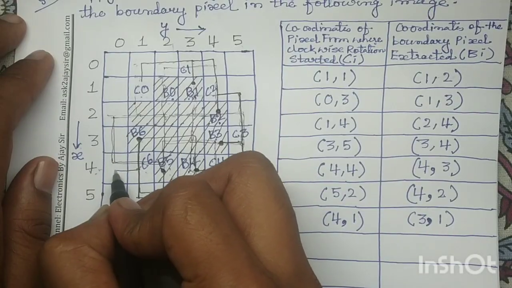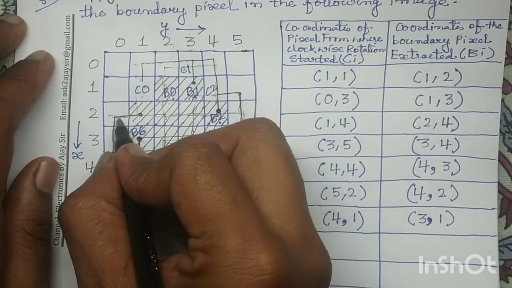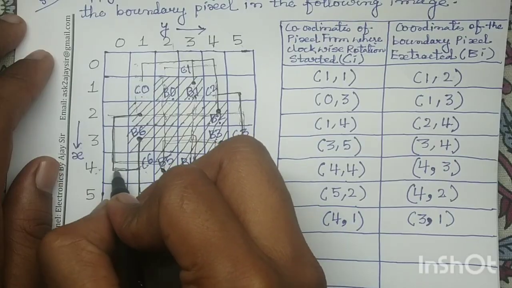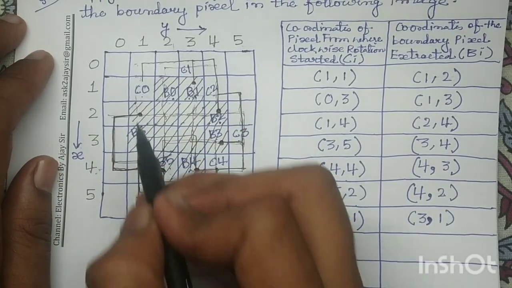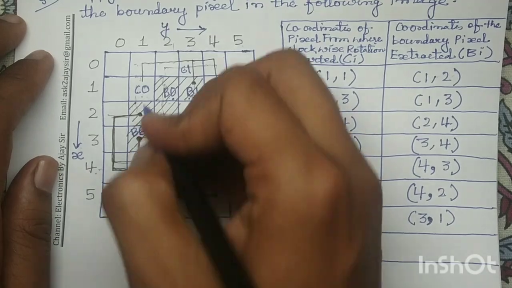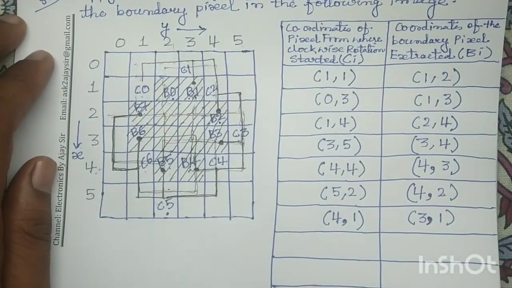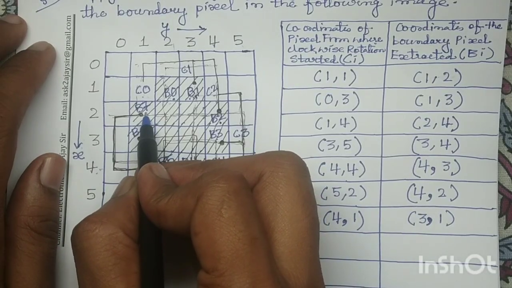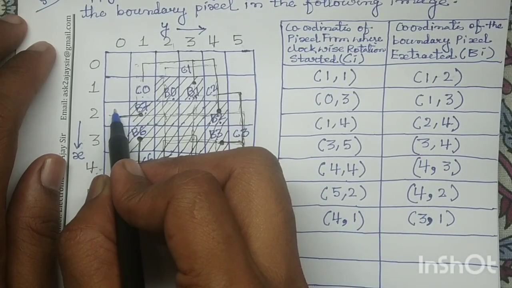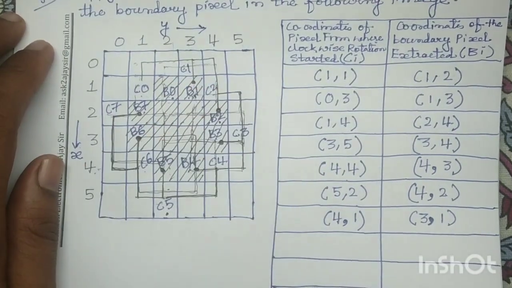So from C6, if you move in a clockwise direction, this is my next boundary pixel that we have reached. So we will mark it as B7. And before reaching B7, this is my background pixel. So we will mark it as C7.